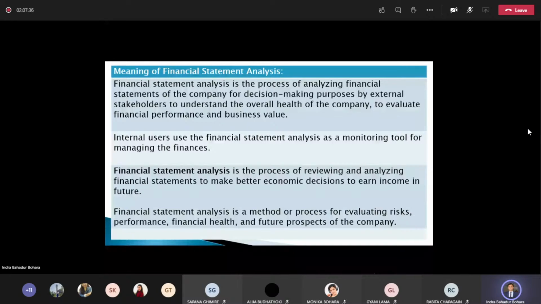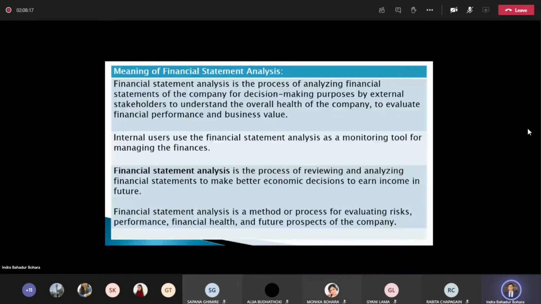Besides this, financial statement analysis is the act of analyzing the financial statements of the company for decision-making by external stakeholders, except the management of the company. There are different other stakeholders, and they use financial statement analysis as an important tool for decision making, to evaluate the performance of the company, to calculate the business value, and to know the real position of the business, its profitability, financial position, stability, and overall financial health.